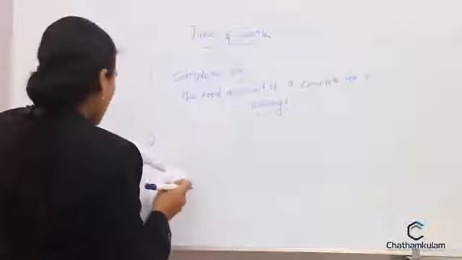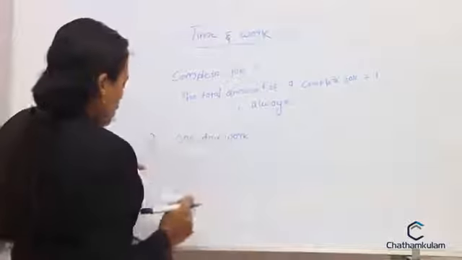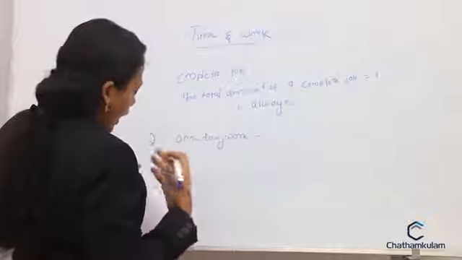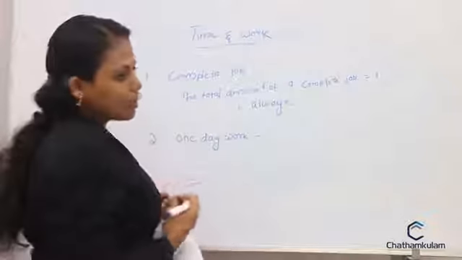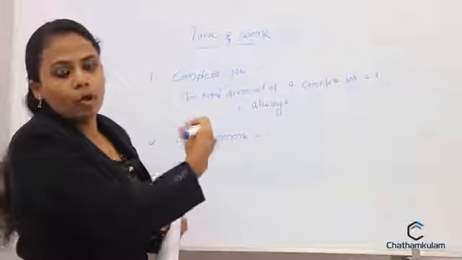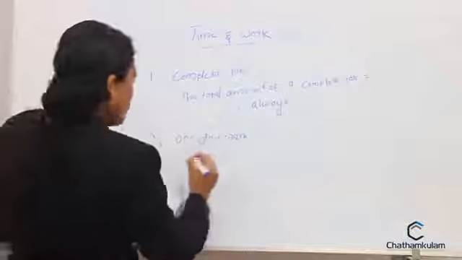In the case of the second concept, 1 day's work. If a person A can do a work in a day, then A's 1 day's work will be 1. So we need to know the basic concepts of this kind of work related problems.